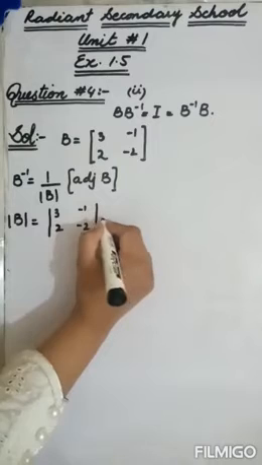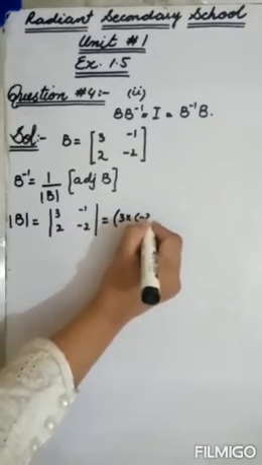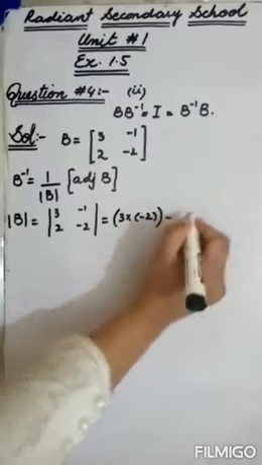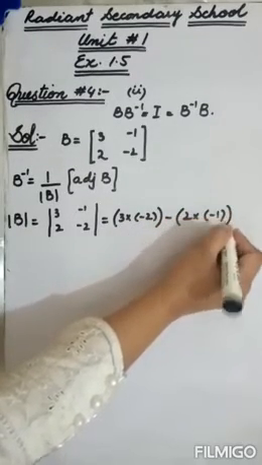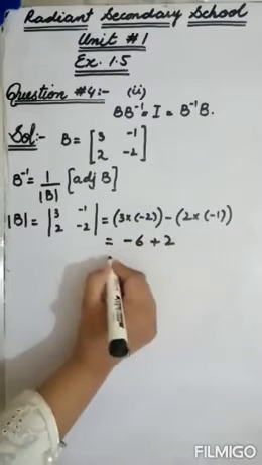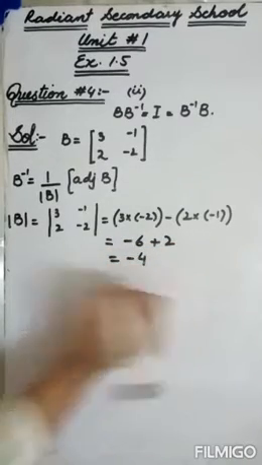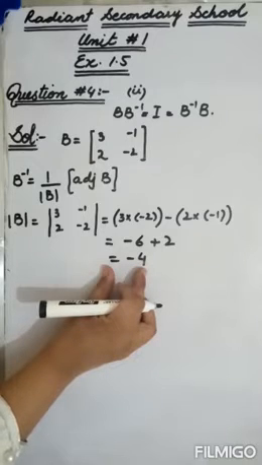And for determinant, what do we have to do? Yes, product of diagonal entries minus product of non-diagonal entries. Okay, it will be equal to minus 6 plus 2, which is equal to minus 4. And minus 4 is not equal to 0, therefore it is not a singular matrix and inverse is possible.